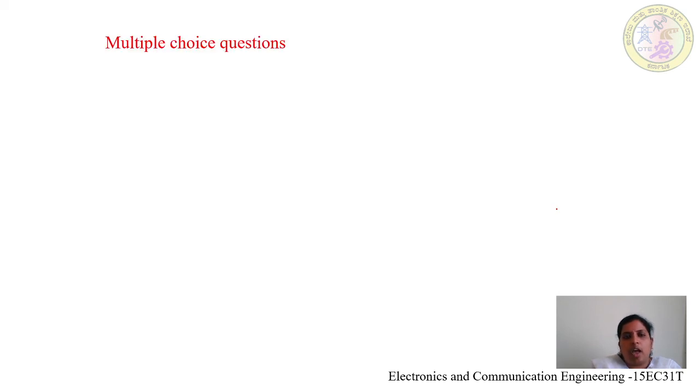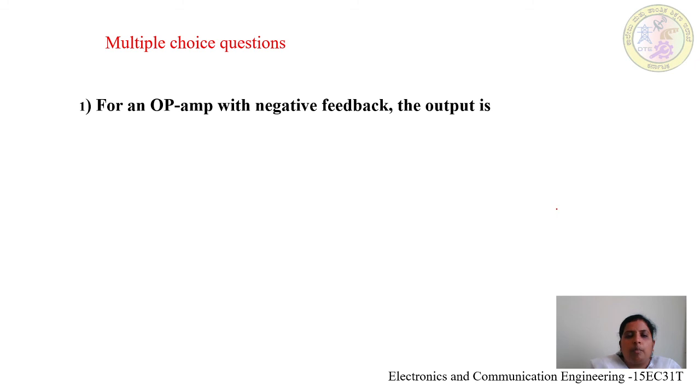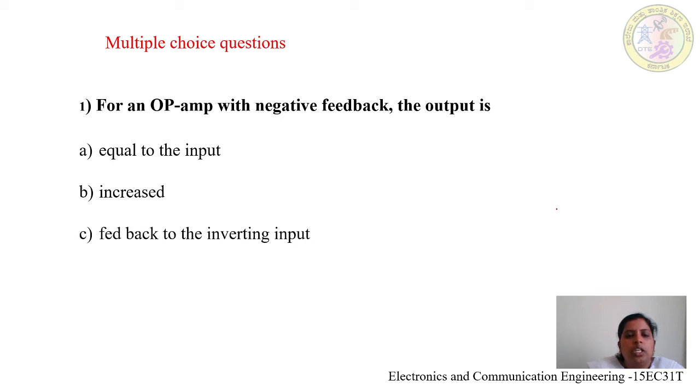Okay, so this is regarding the non-inverting amplifier and the voltage follower. So let's have some multiple choice questions. For an op-amp with negative feedback, the output is equal to the input increased, fed back to the inverting input, or fed back to the non-inverting input.